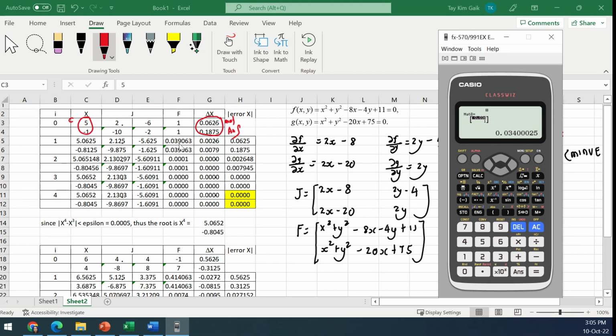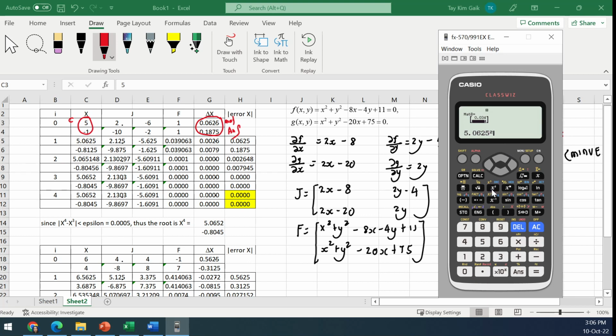Okay, it is slightly different because we input 4 decimal places, but the calculation in Excel is only displayed for display purposes. I display 4, but actually it takes up all the decimal places, I think 9 decimal places. So you edit this one. Again, for x, the calculator value is because we input 4 decimal places, but in Excel it takes up all decimal places.